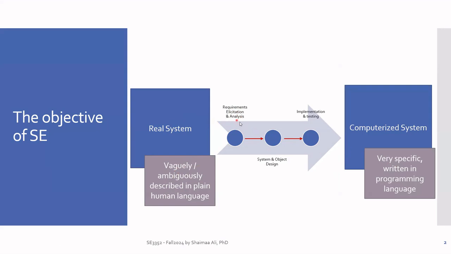Now we're going to talk about the analysis, which is still closer to the human language than it is to the implementation. But now we're going to start to add the specificity through modeling. Now, we're still not too technical yet, but I'm going to start to use more technical diagrams and models, but we're still close to the human language.